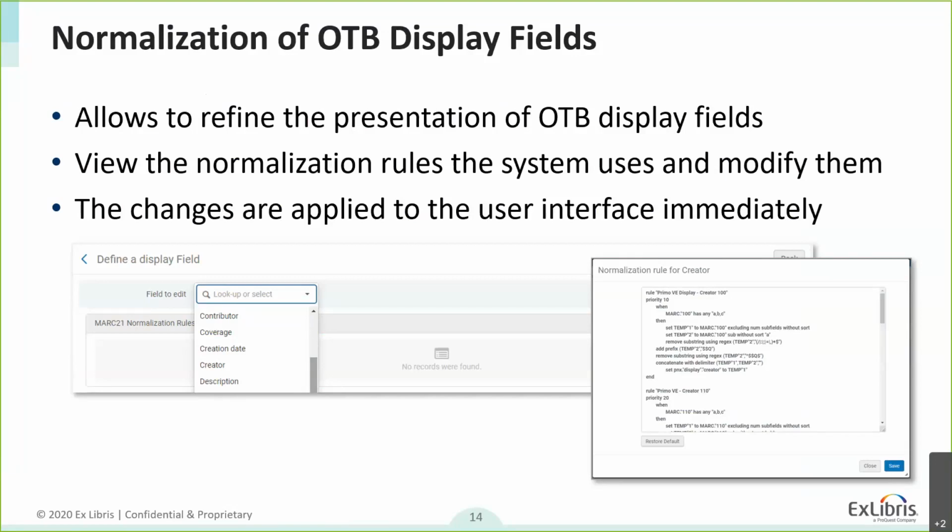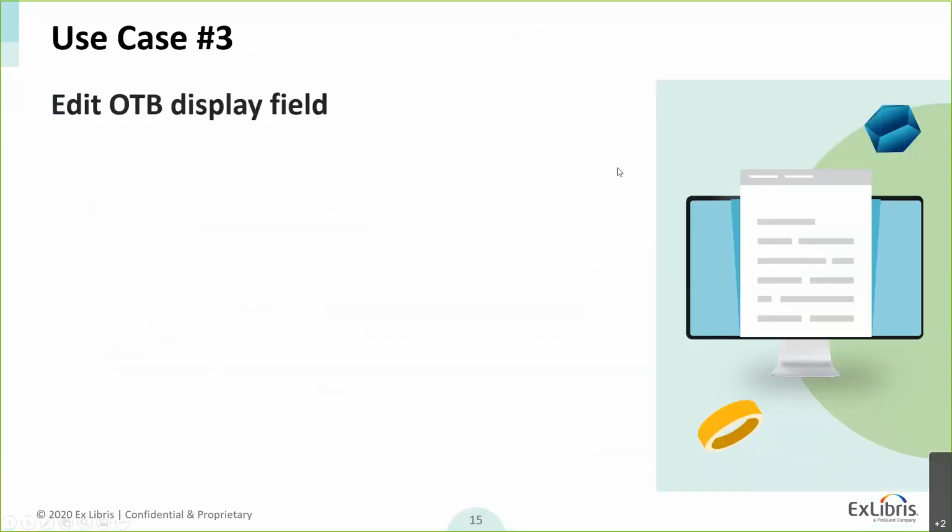We have simpler rules and there are more complex rules. You can see this by editing each one of the OTB display fields when you're choosing the normalization rules. And also the changes in the out-of-the-box rules are applied immediately. So this is the last example I would like to show you.